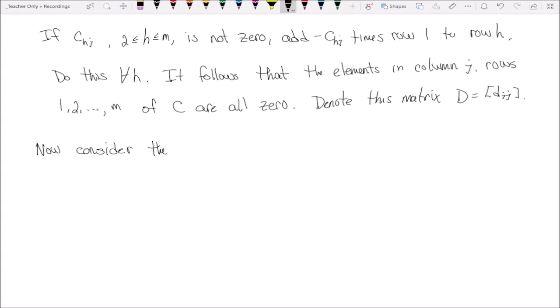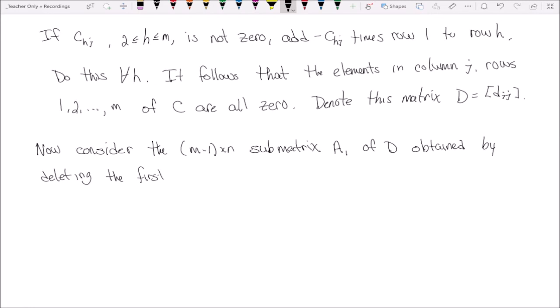Now we consider the m minus 1 by n submatrix, call it A sub 1 of D, obtained by deleting the first row of D. What we now do is repeat the above procedure on our matrix A1.